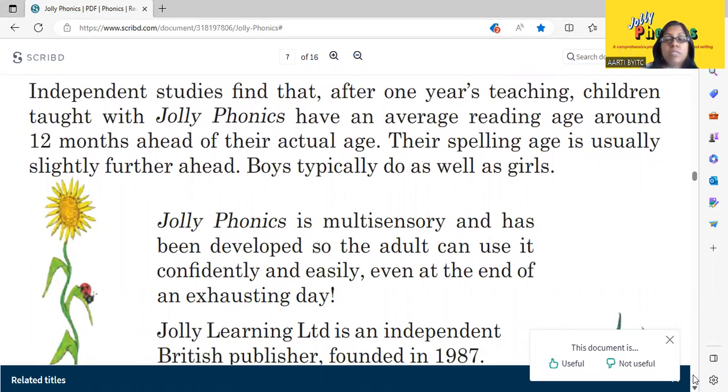It is multi-sensory and has been developed so the adult can use it confidently and easily, even at the end of an exhausting day. Very interesting point. Even in my classroom, about 6 years ago, I was dealing with Jolly Phonics for the very first time. And believe me, when I used to do it, by the end of the day I felt fully energetic, though my whole day was exhausting with the little children in my classroom.